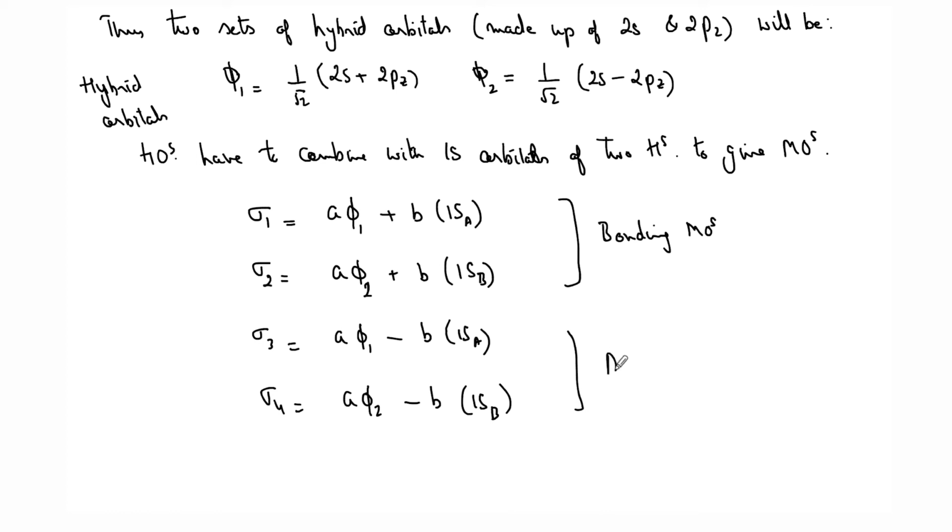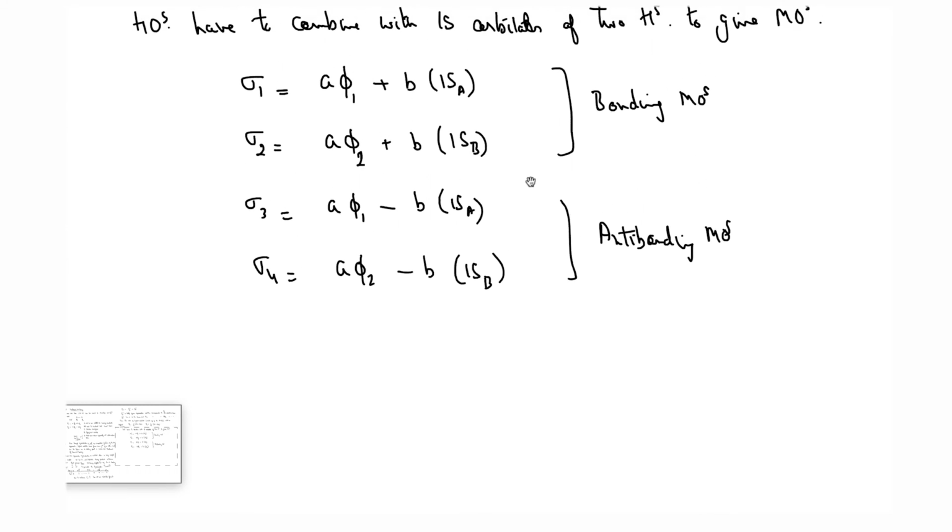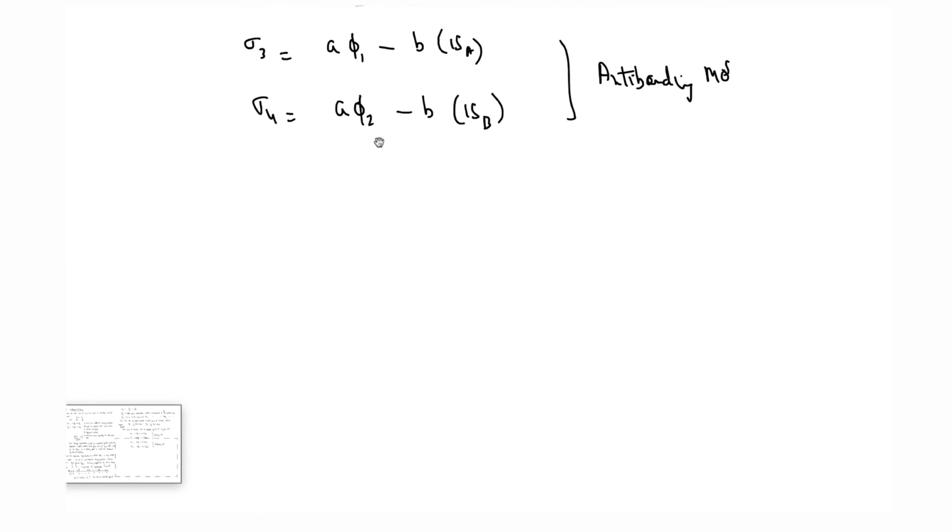And these will be anti-bonding molecular orbitals. It is still a localized molecular orbital because we are still considering the electrons which are defining the bond between beryllium and hydrogen and between beryllium and the other hydrogen. We have still not considered the delocalization part, right? So it is still a localized molecular orbital.